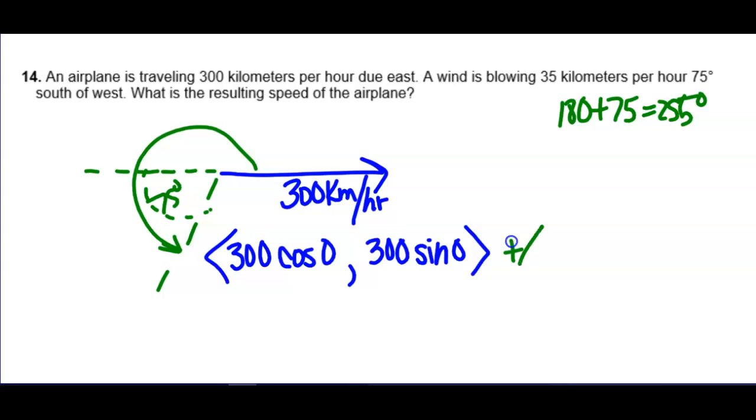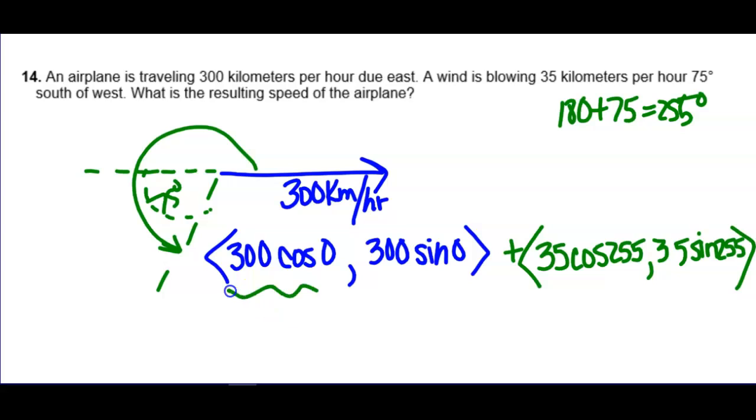So we're going to add the vector 35, cosine of 255, and 35 sine of 255. And what we're going to do is we're going to type this plus this, and then we're going to type this plus this, and get our component form.